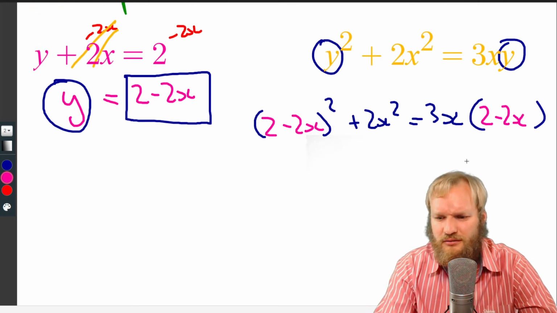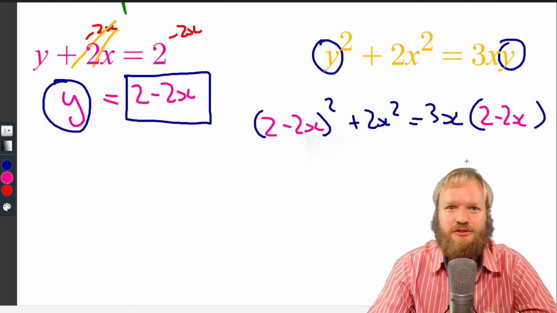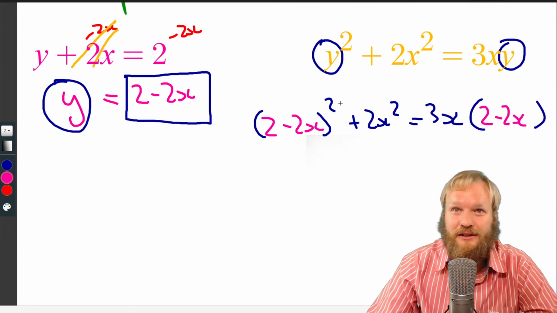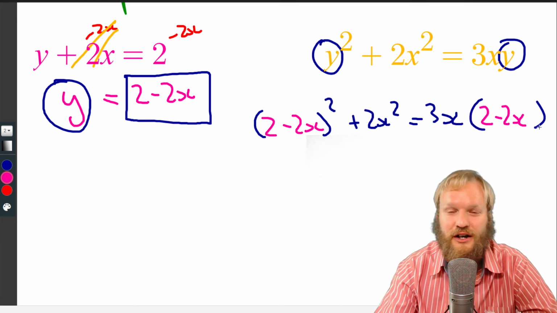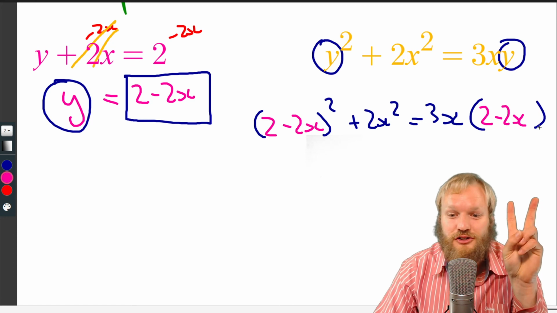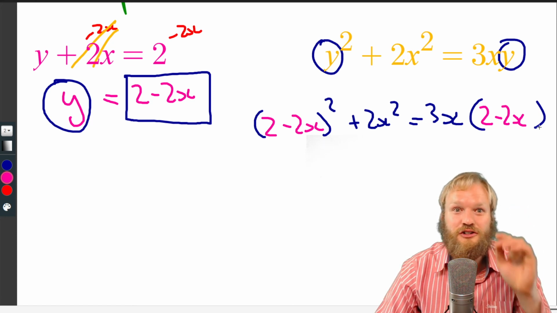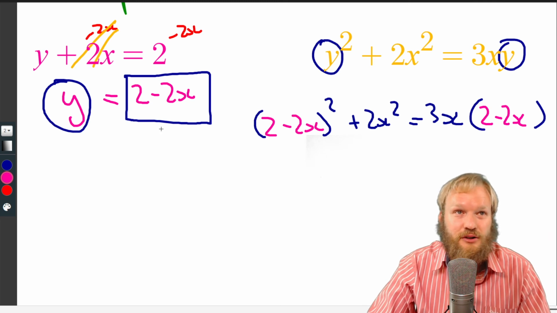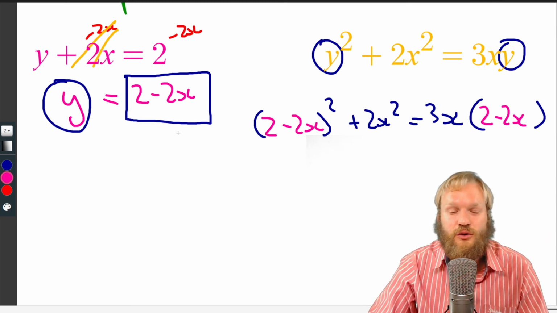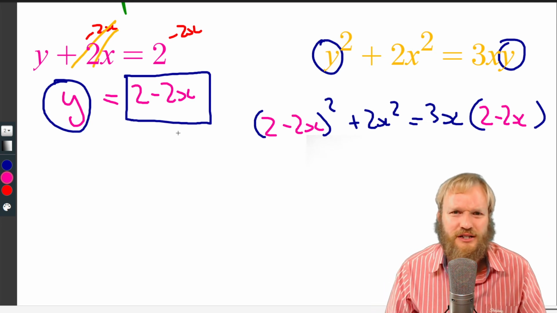Now, for the sake of not making you stare at your screen for too long, how are you feeling on multiplying this bracket out, solving for x, getting your two solutions? Once you've got your two solutions, substituting each of those back into this equation here will be much easier to get your two solutions of y, and just running through the rest of that.